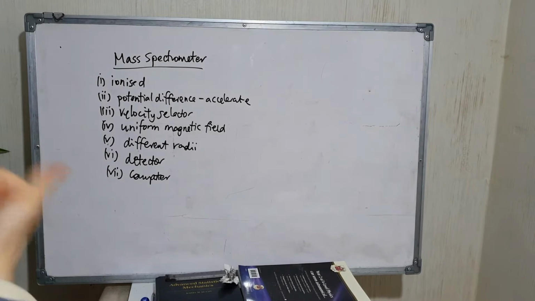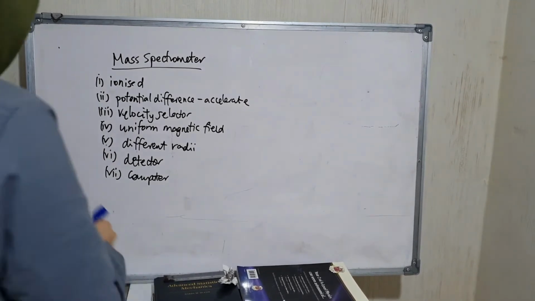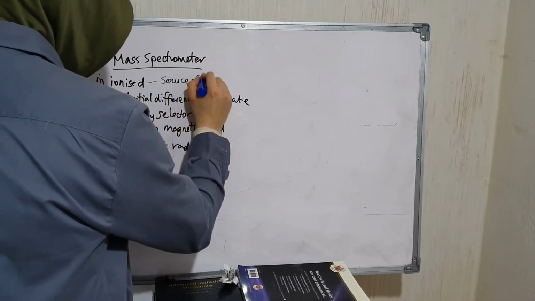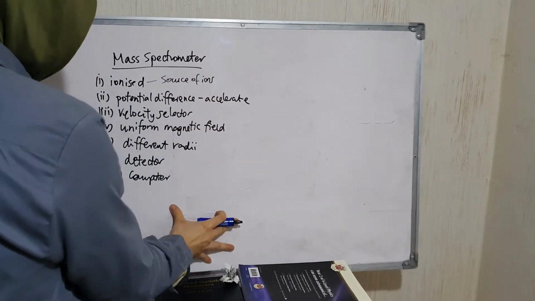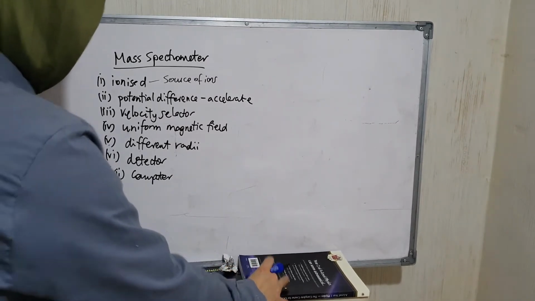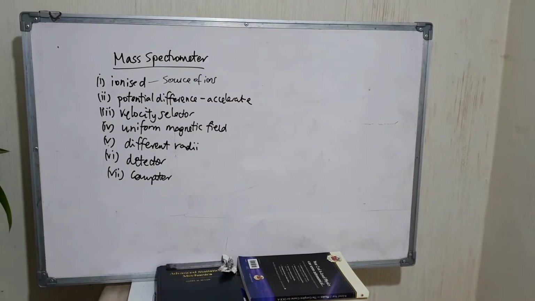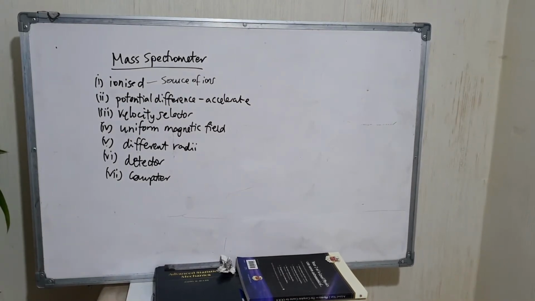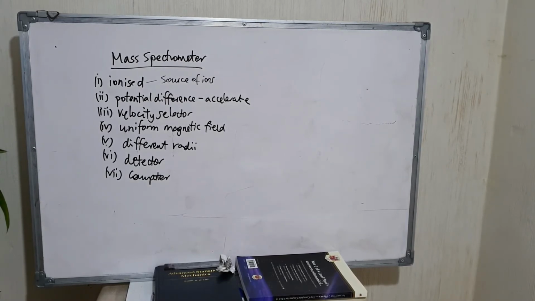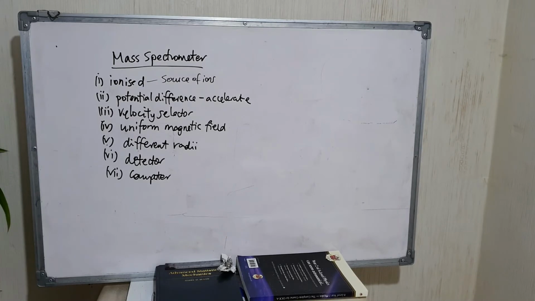So number 1, there's a source of ions. Potential difference makes it accelerate. It goes through the velocity selector, and then after the velocity selector there'll be a uniform magnetic field. Then because of the different masses, different radii will occur. It hits the detector, and then the computer analyzes.